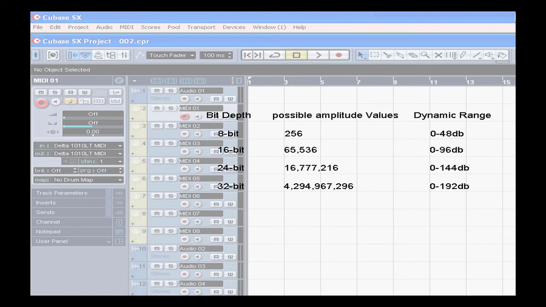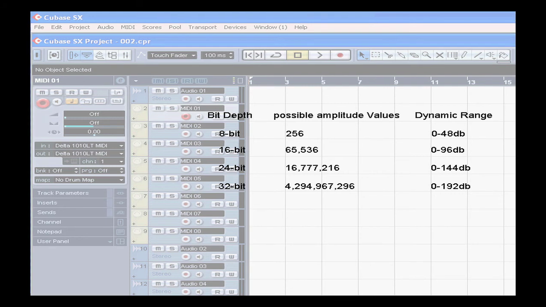Most commonly used are 8-bit, 16-bit, 24-bit, and 32-bit. Each bit gives us about 6 decibels of dynamic range. When we talk about amplitude resolution, or possible amplitude values, we're actually talking exponentially, to a power of 2.